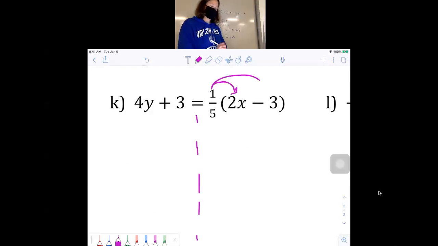What do I get when I multiply 1/5 times 2x? Good. Donnie's really trying to do a good job of making x feel better. He does. What's 1/3 times -3? Good.